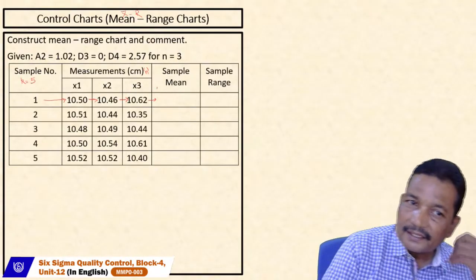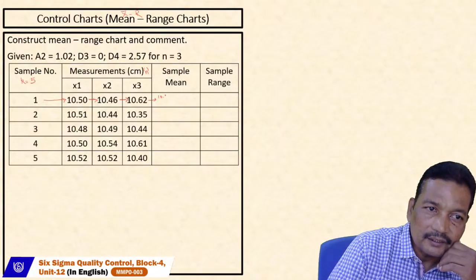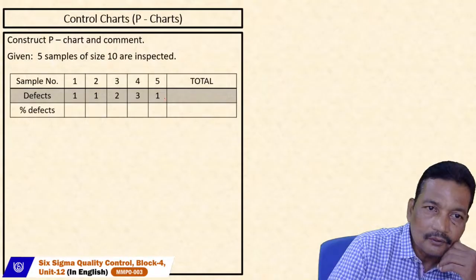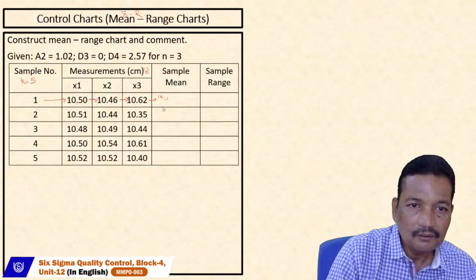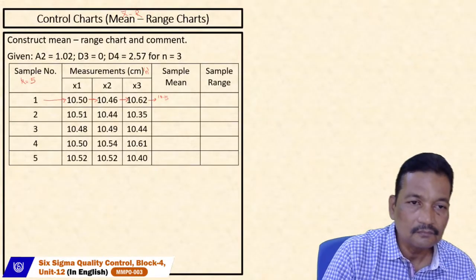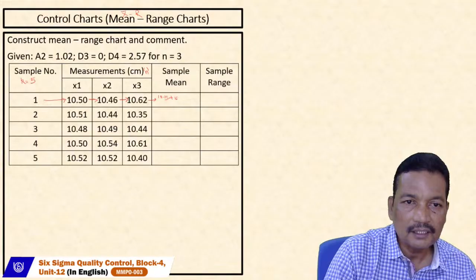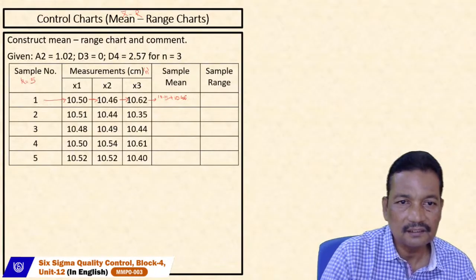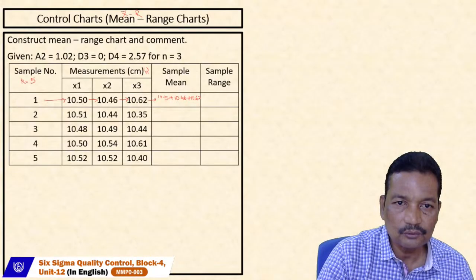How do I get it? Now what I will do, I will add all the items: 10.5 plus 10.46 plus 10.62.